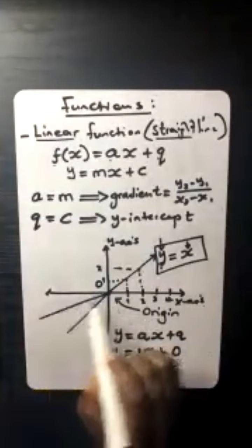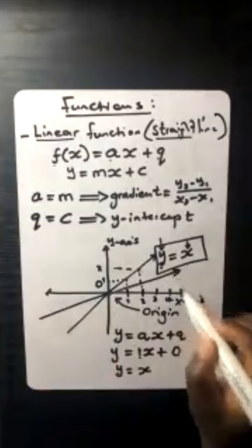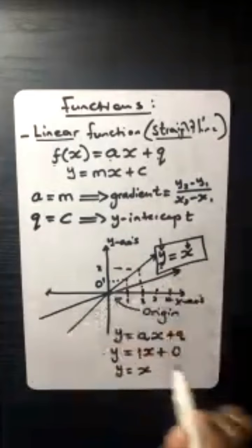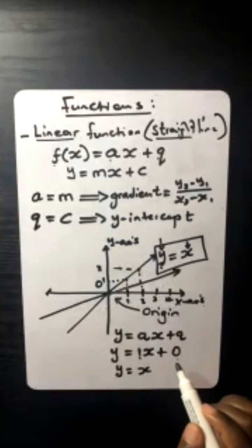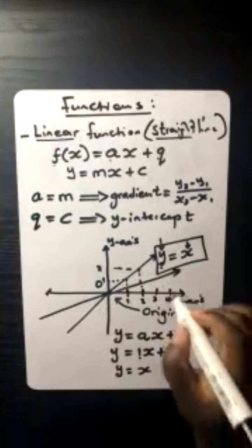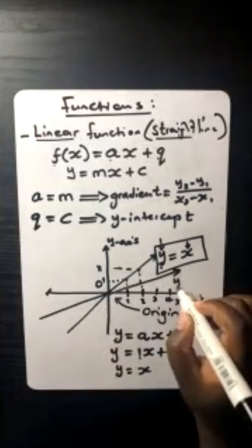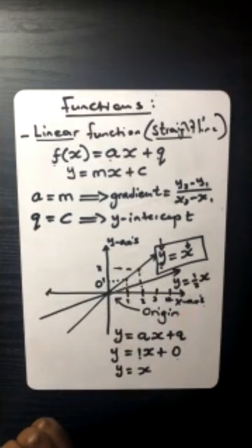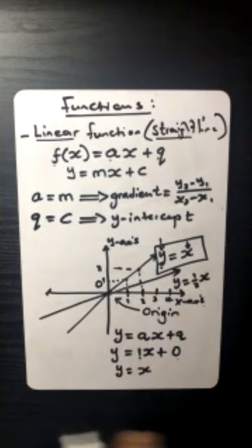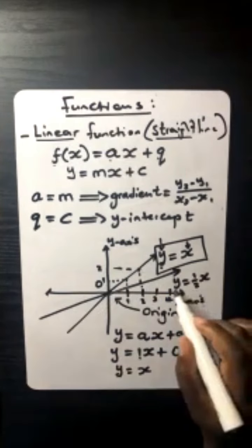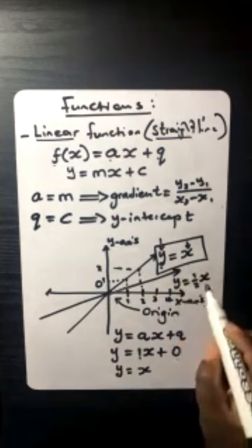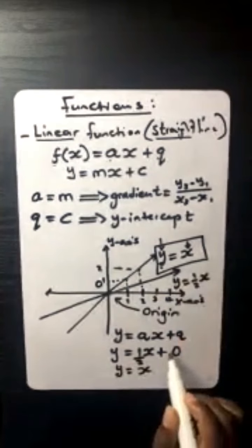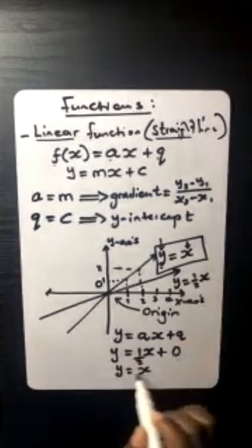So what if we now have another straight line passing through that origin? Can you see now? Obviously, the gradient is different in that case. So you might find that for this line, y equals, the gradient maybe is half, x. In this case your a is 1 over 2, and then your q is still 0.